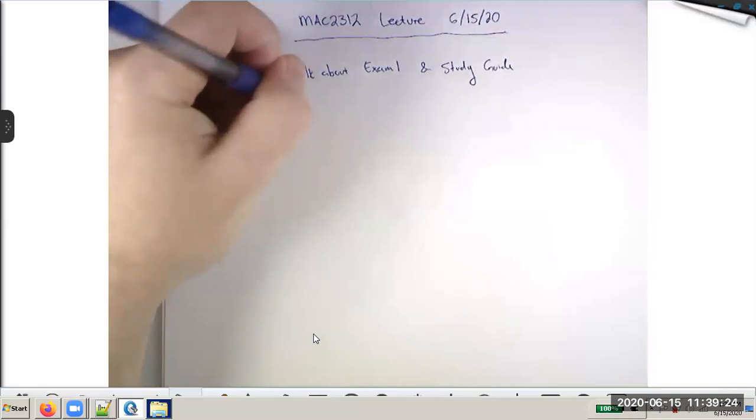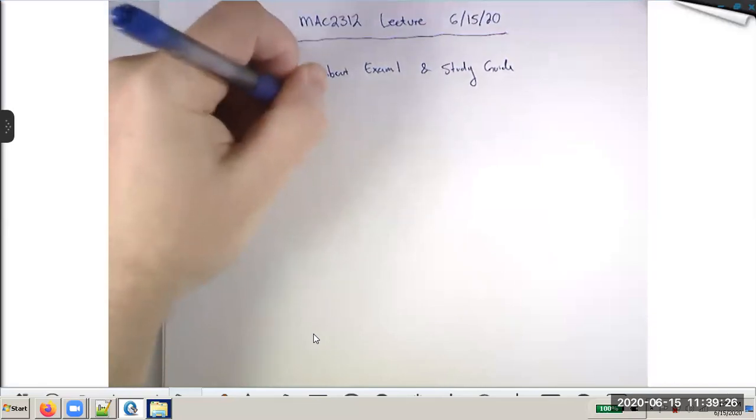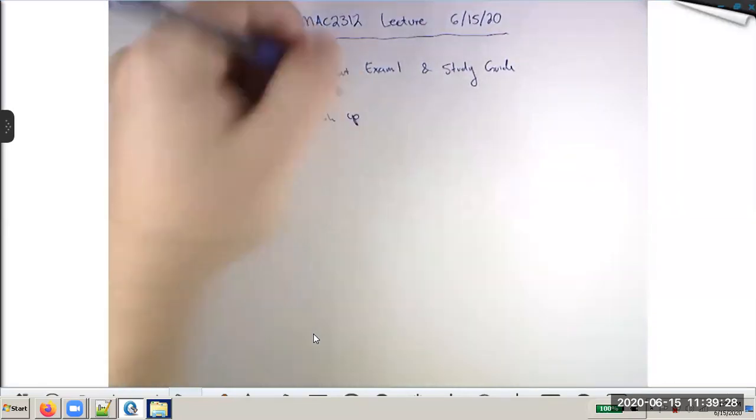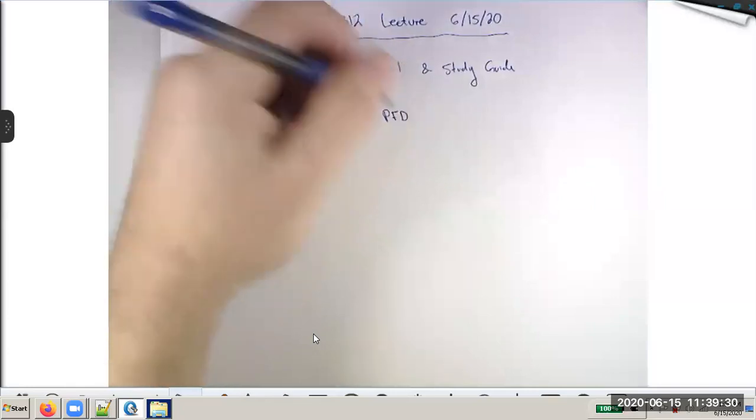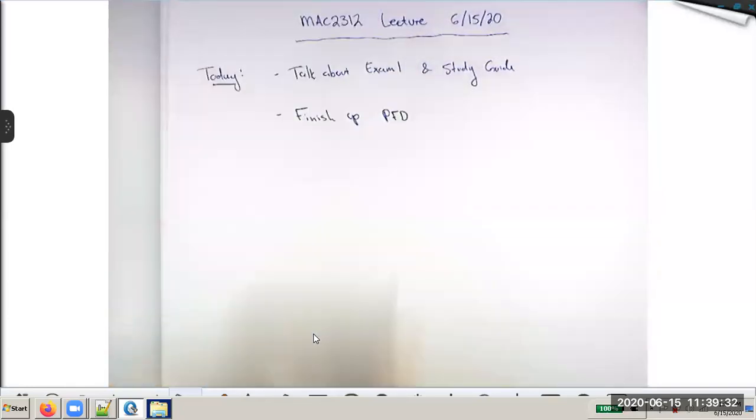And the other thing to do is finish up our discussion on PFD, partial fraction decomposition. Is there anything I'm missing here?